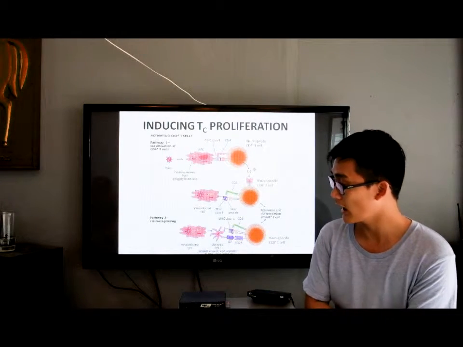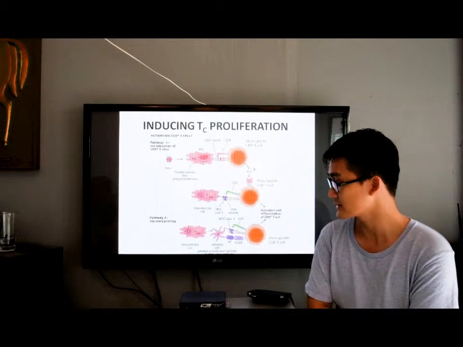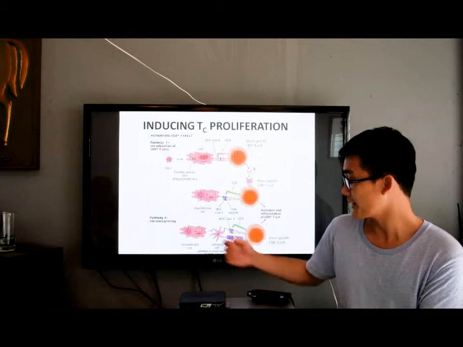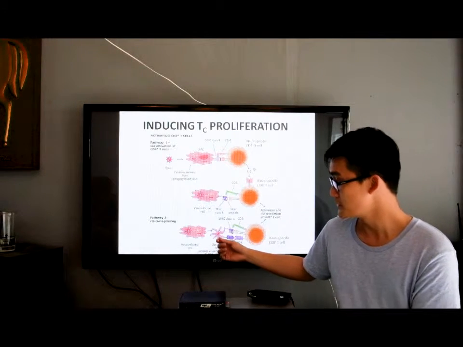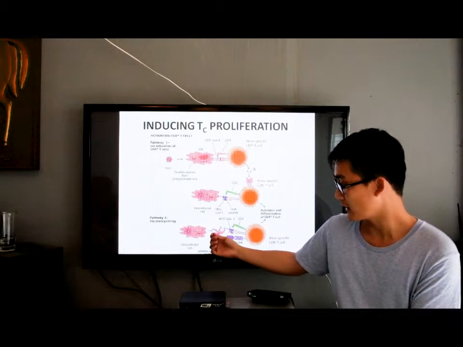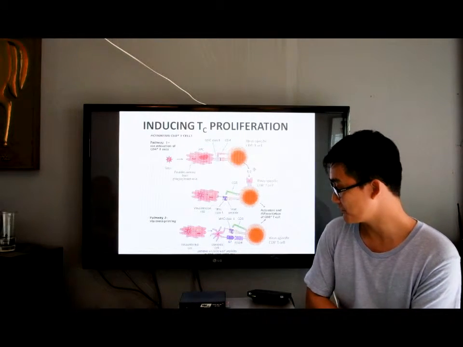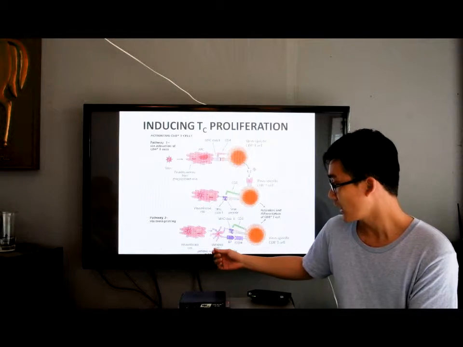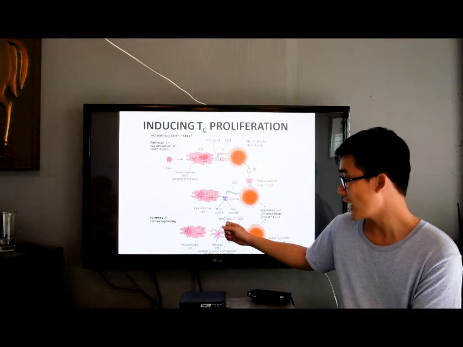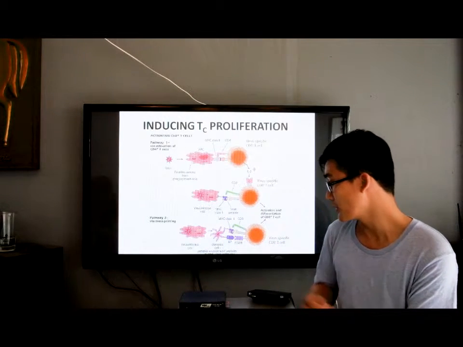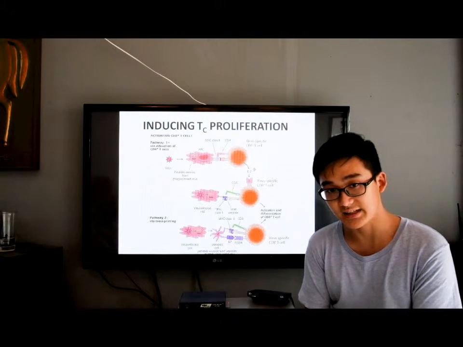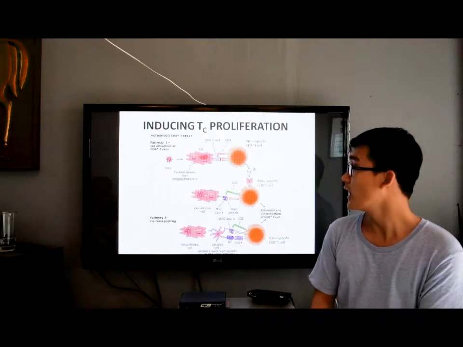Also, it can activate the cytotoxic T cell via cross presentation. In short, the dendritic cell will pick up the antigen from a virus infected cell, and it will process it and present it on the MHC class 1, which will directly interact with the cytotoxic T cell and activate it.